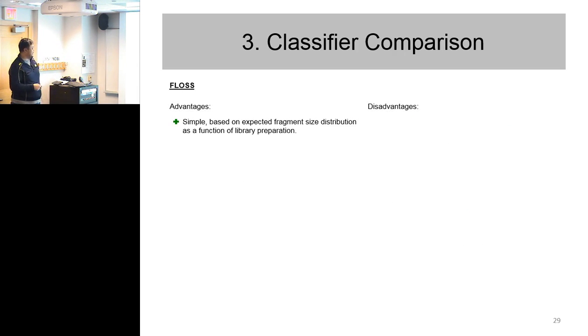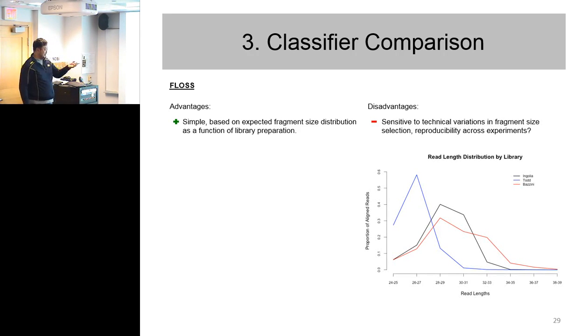Like I mentioned, its inherent advantage is that it's very simple, and in most cases it actually does perform quite well because it's based on this expected fragment size distribution. But because of that, it's also sensitive to variations in the efficiency of fragment size selection.